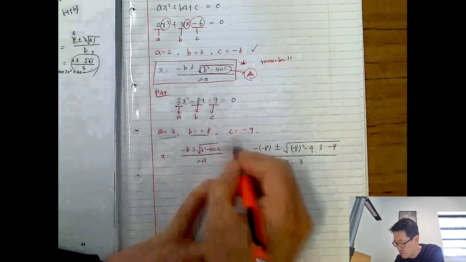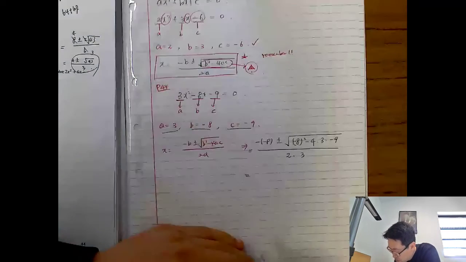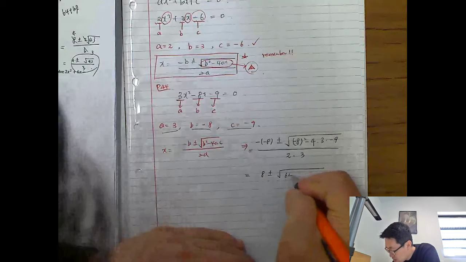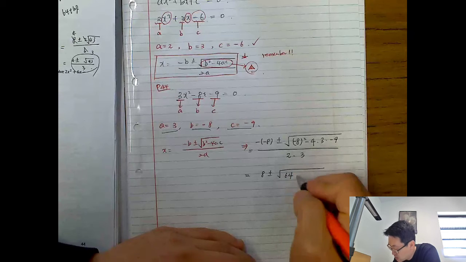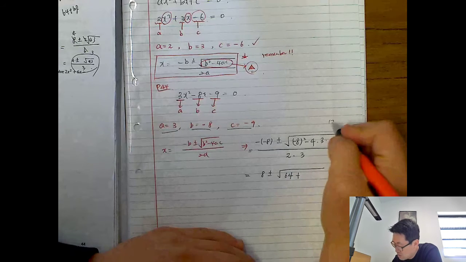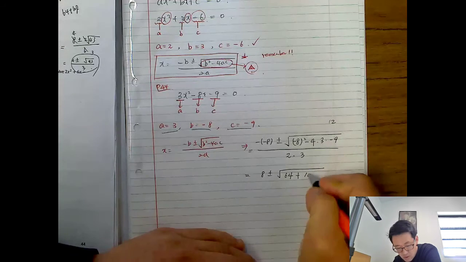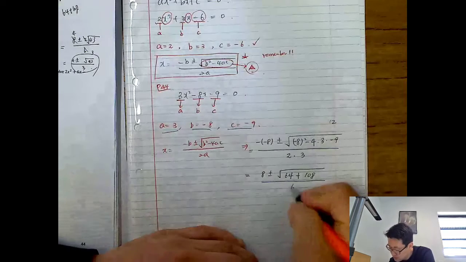So it is nice to write that down actually. And then equals 8 plus minus square root of 64, always a positive number, minus minus makes plus, and 108, isn't it? Yep, 108, over 6.